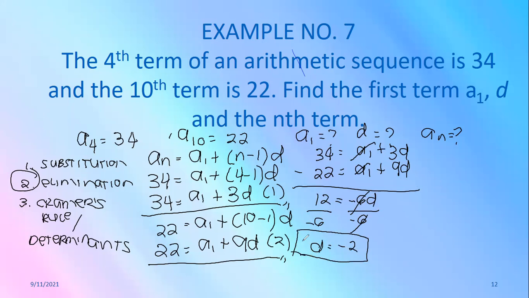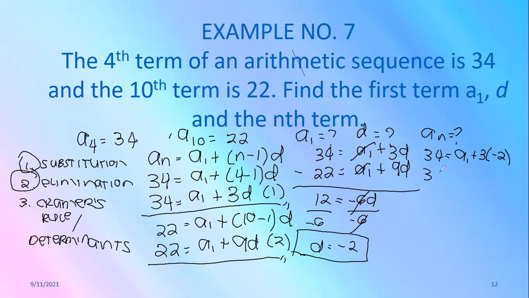So we already have our common difference. How will we be able to determine a sub 1? We will use either of these two equations using the substitution method. Let's say I'm going to use equation 1. So this will be 34 equals a sub 1 plus 3 multiplied by negative 2, which is our common difference.